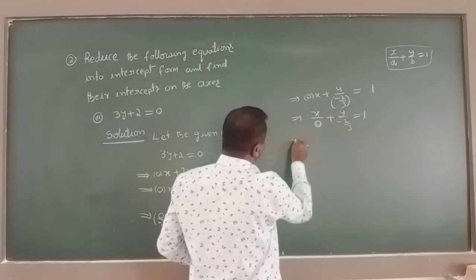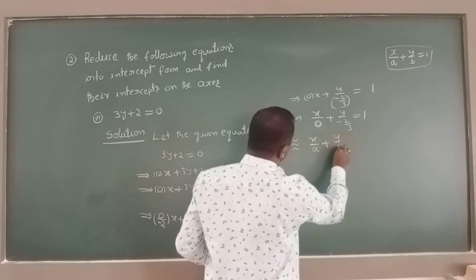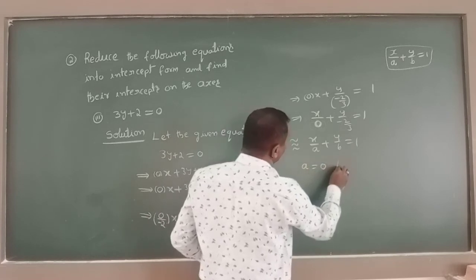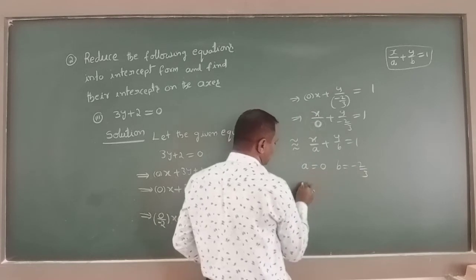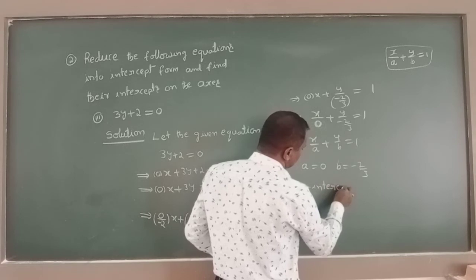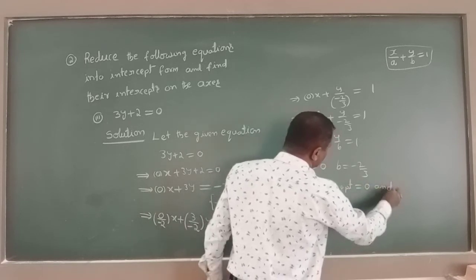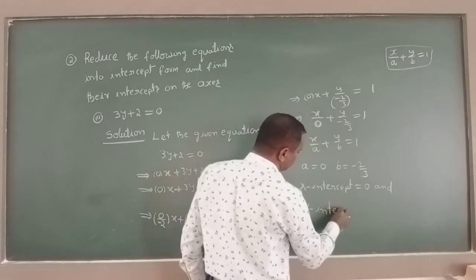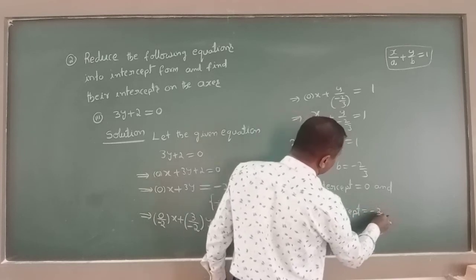Comparing with x by a plus y by b is equal to 1, the a value is 0 and the b value is minus 2 by 3. Therefore the x-intercept is equal to 0 and the y-intercept is equal to minus 2 by 3.